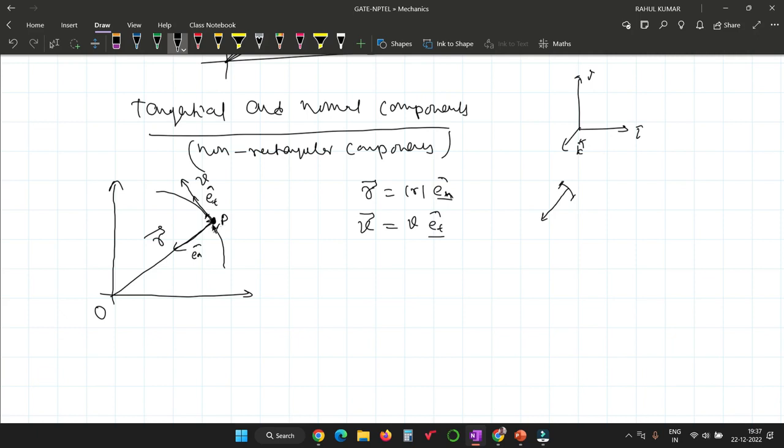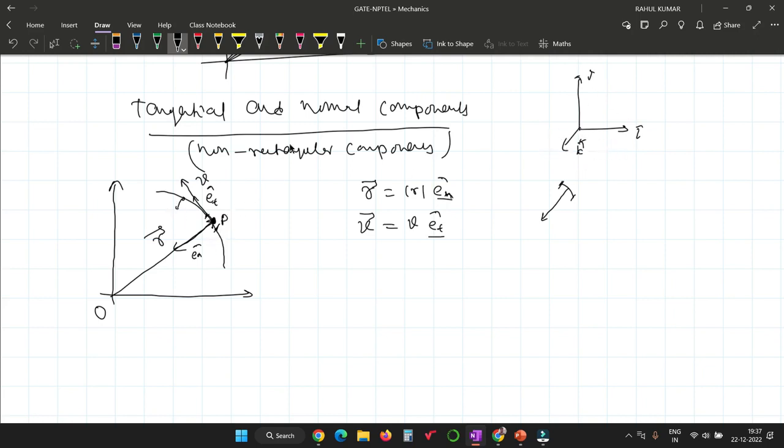I'm talking about the particle at time t. After a certain time, the particle will reach another point, and for that point the normal becomes this. In a rectangular coordinate system, the directions of i, j, k never change.